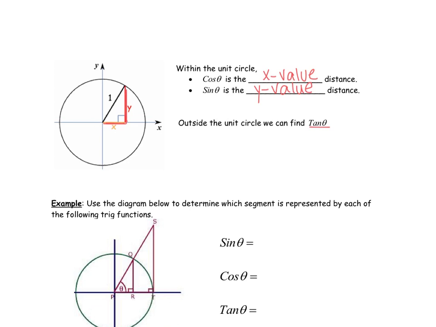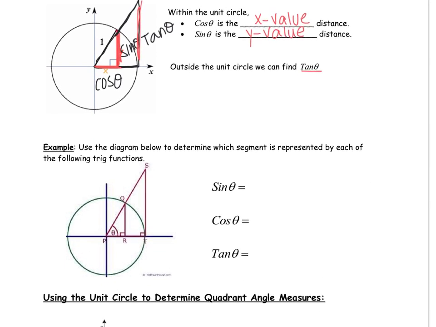So tangent would be if I were to use this as a radius and draw a triangle like this. So this is my radius of 1, and this is my tangent piece. So here's tangent, here's cosine, and here's sine. Okay? So again, this is cosine value, this is sine, and this is tangent.